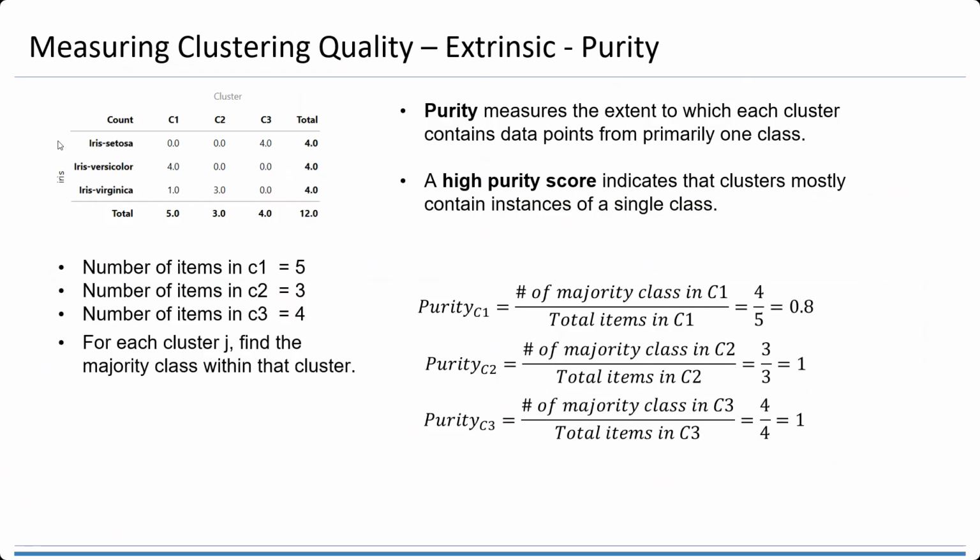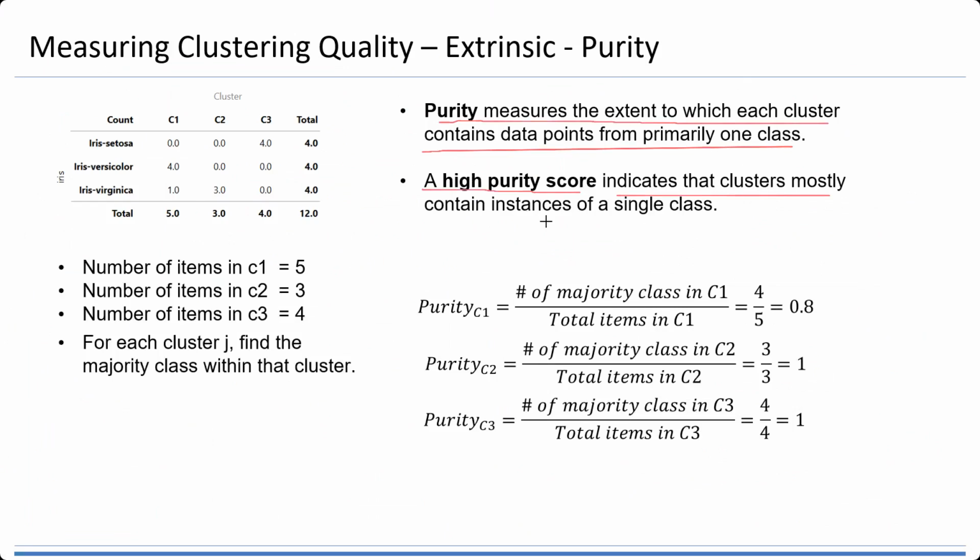The other method we call purity. Purity measures the extent to which a cluster contains data points from a primary class. A high purity score indicates that the cluster mostly contains instances of a single class.